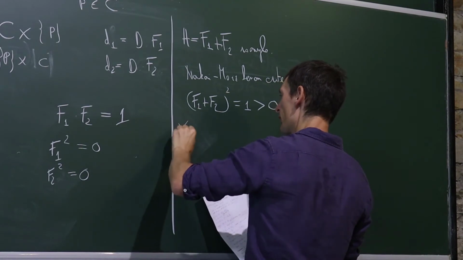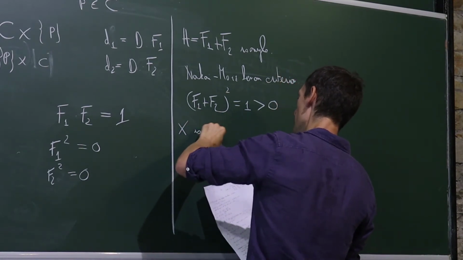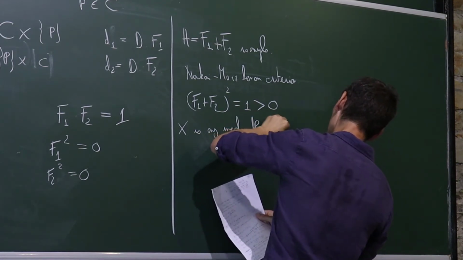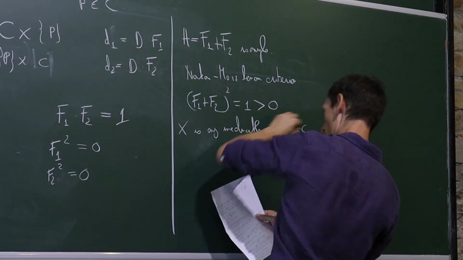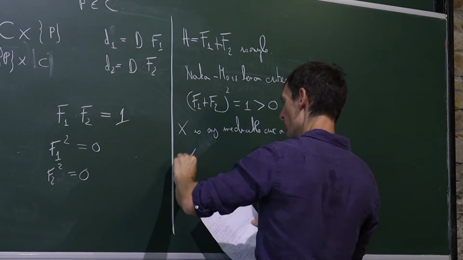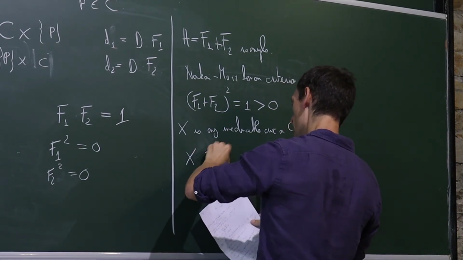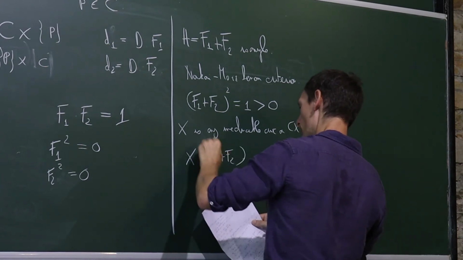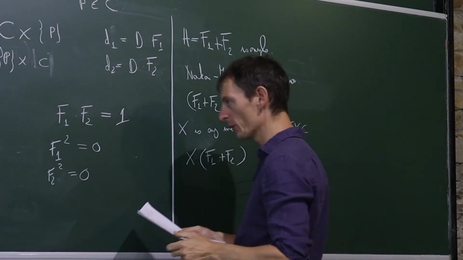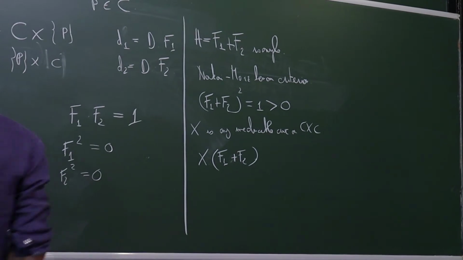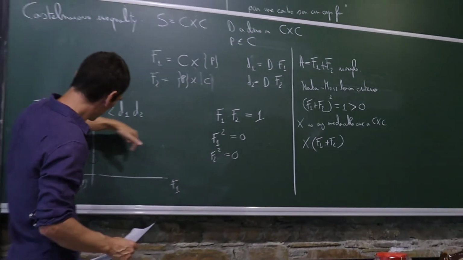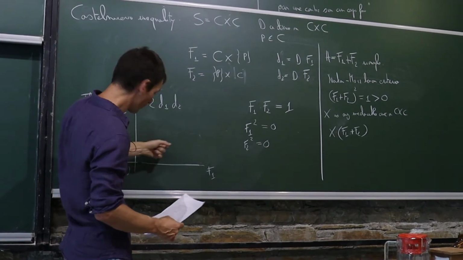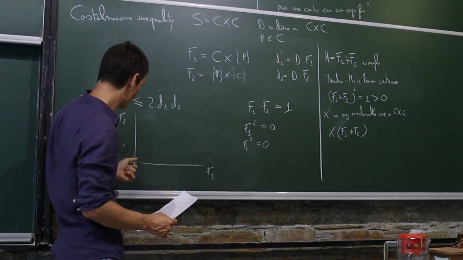And if X is any irreducible curve on C times C, you want to compute X times F1 plus F2. And I say that this is also going to be positive because you see that the projection of X on F2 and on F1 can't be constant at the same time.